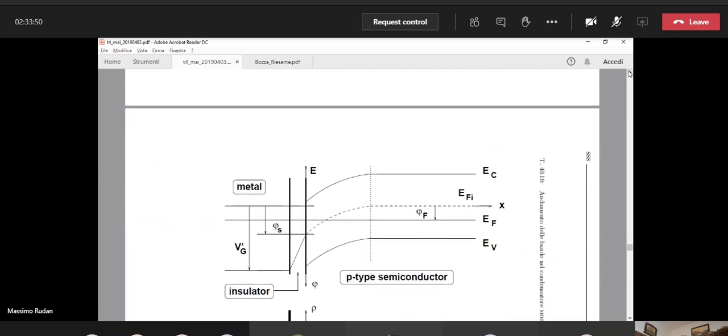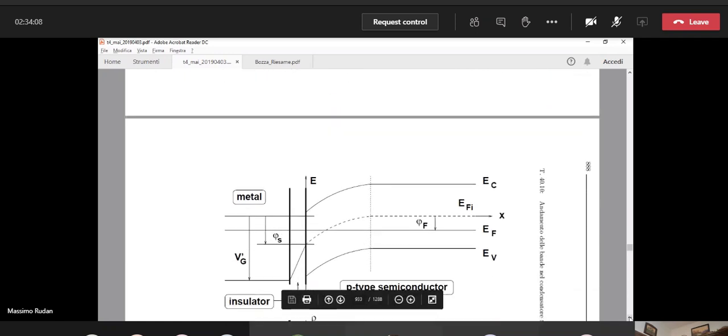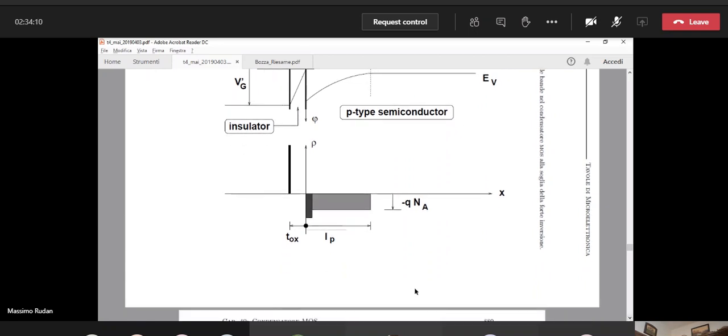If we are in this condition, that is depletion or weak inversion, we don't have any layer of electrons. We consider only this charge. If instead we are at the threshold or in the strong inversion condition, we do have a layer, but we consider this layer as very thin so that we can approximate the layer with the Dirac delta.